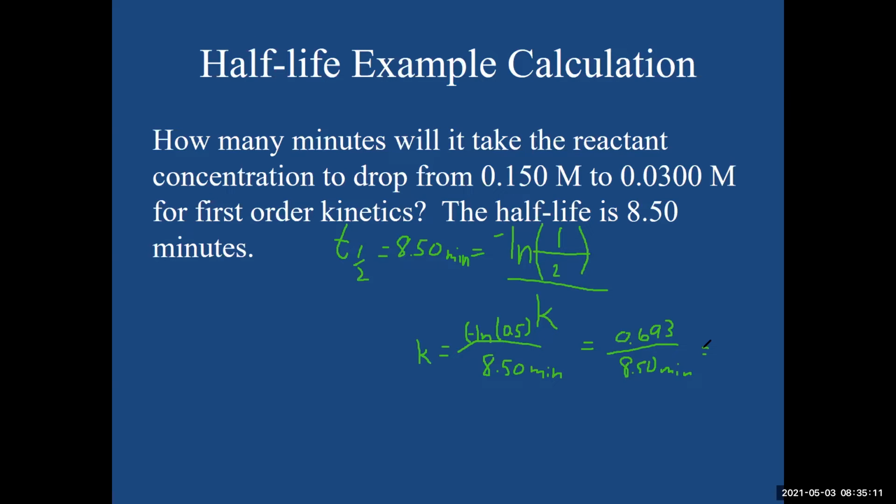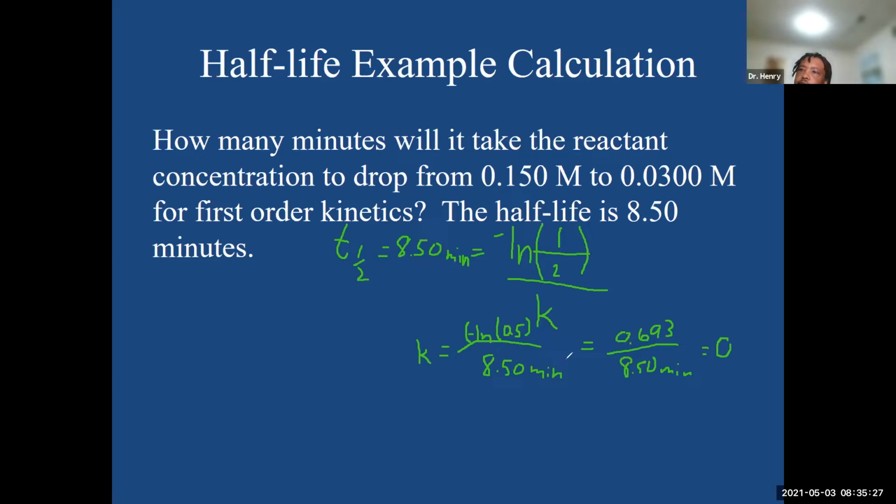I got 0.0815 or 0.081. Or technically 0.082. So technically, we assume this is going to be 3 digits because it'll be 0.000, because these guys have 3 sig figs here.